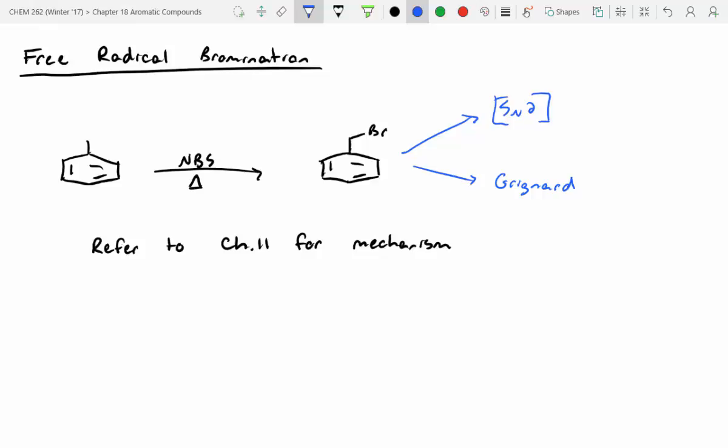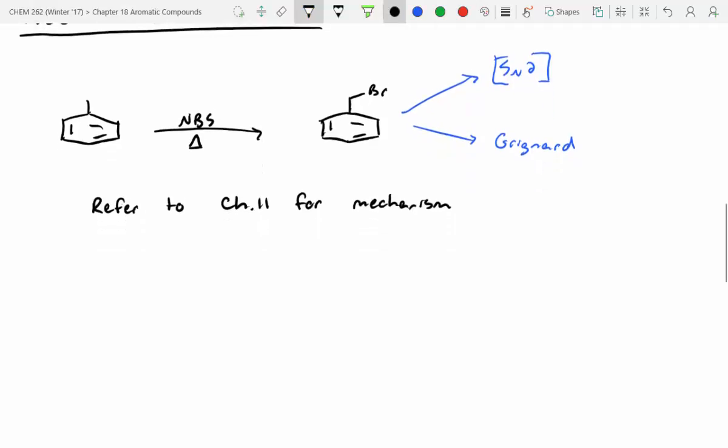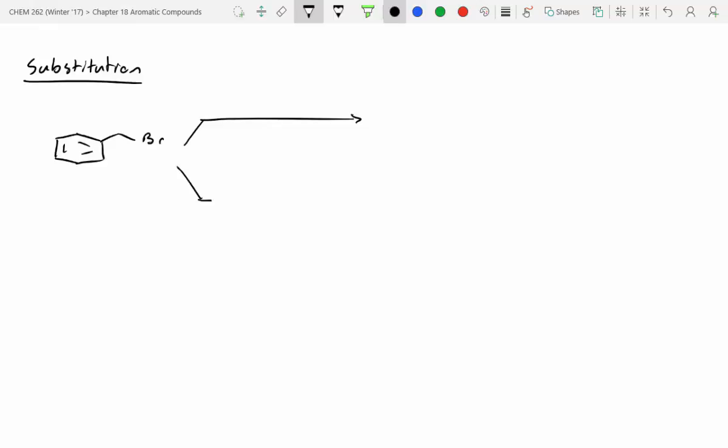The other thing to note, too, is there's a bunch of reactions from last term that you can do. So, for example, let's say you want to convert benzyl bromide to benzyl alcohol.